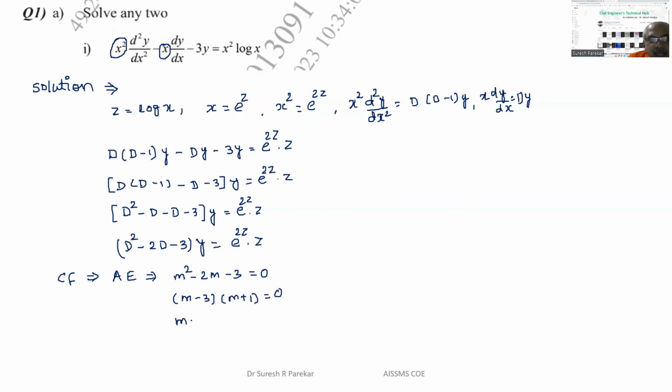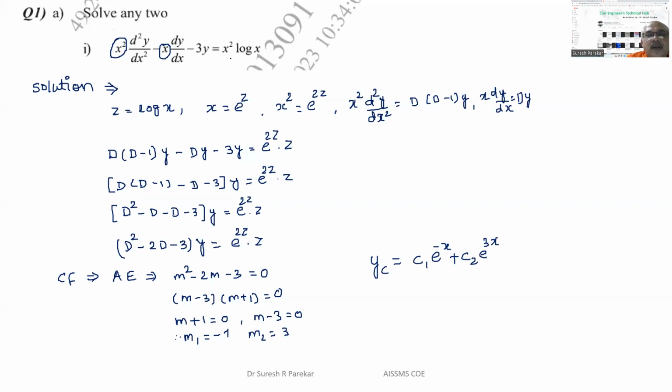From this m plus 1 equal to 0, therefore m1 equal to minus 1, and m minus 3 equal to 0, so m2 equal to 3. Knowing this, we can find the complementary function yc equal to c1 e raised to minus x plus c2 e raised to 3x. So this is the complementary function.